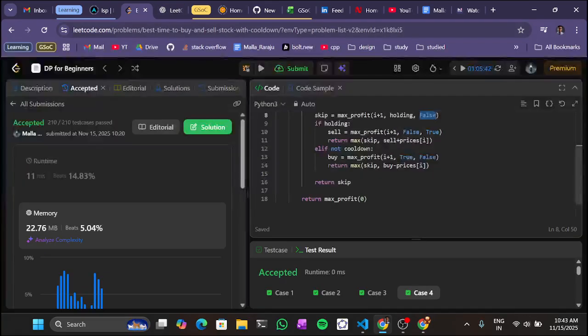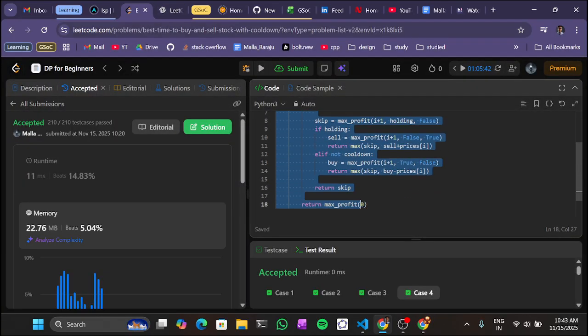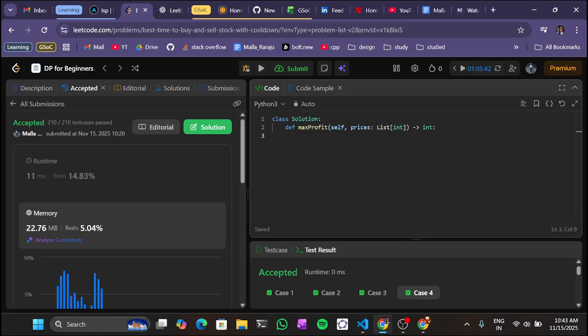So let's try this too. For each price in prices, we have holding something, not holding anything, and cooldown. Initially the holding will be minus 10.